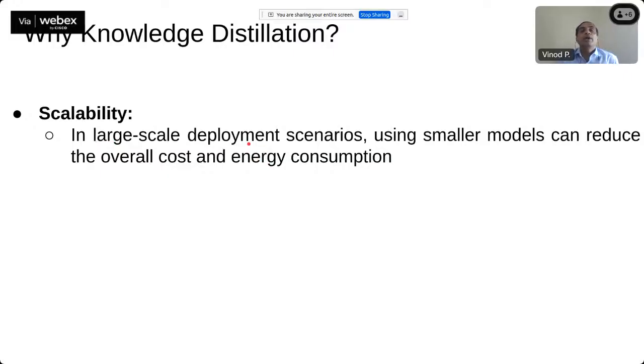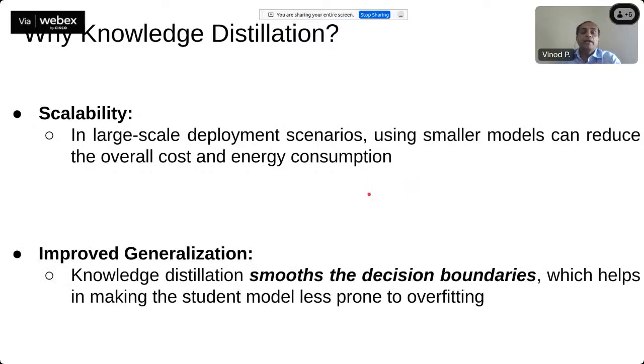They can be deployed into a larger number of devices as they are small models, because the overall overhead in terms of cost and energy is low. And finally, it improves the generalization capability because it smooths the decision boundary by distilling the information from the teacher to the student, and they are less prone to overfitting.